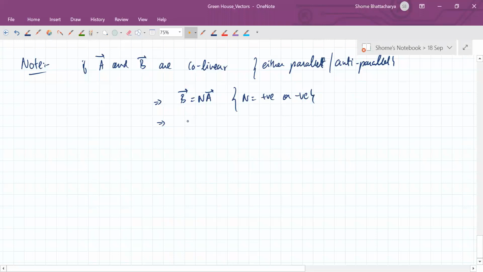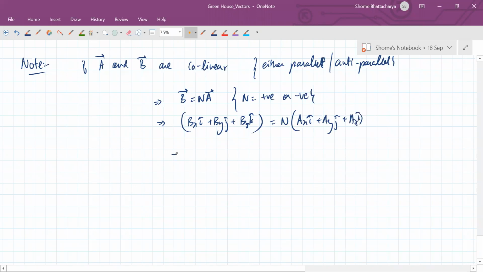So this also means that bx i cap plus by j cap plus bz k cap will be some multiple of ax i cap plus ay j cap plus az k cap. So this basically means that ax upon bx will be equal to ay upon by, equal to az upon bz, which in this case is 1 by n. This is the condition for collinearity.